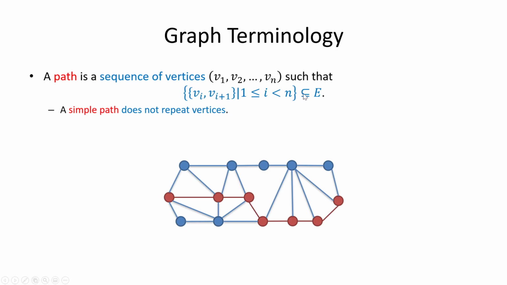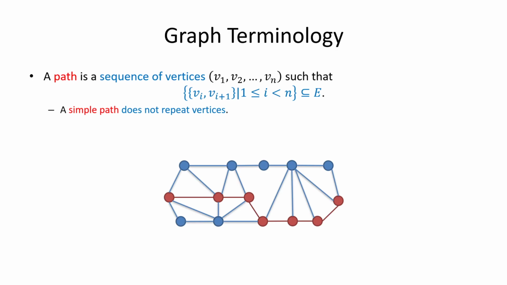This is just saying the set of all edges connecting those vertices in the sequence. I've highlighted those edges in red here as well. And usually we think of the path as being a sequence of vertices or a sequence of edges, and often it depends on why we are talking about the path.